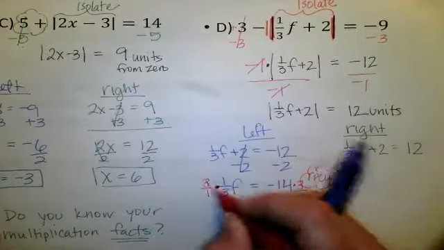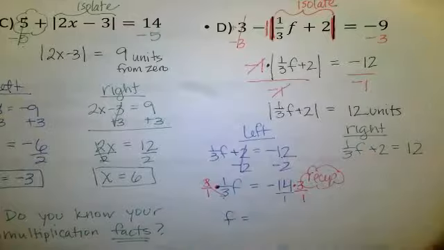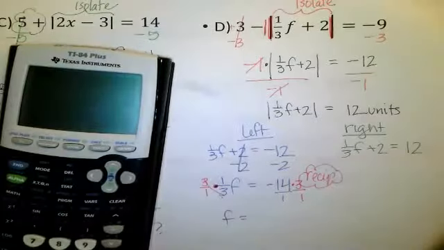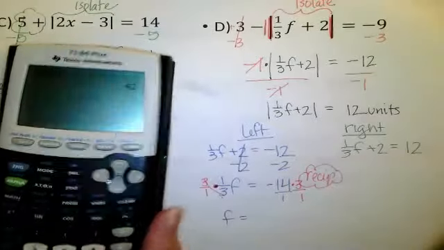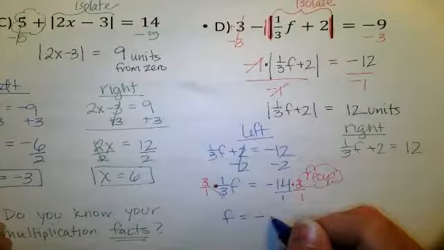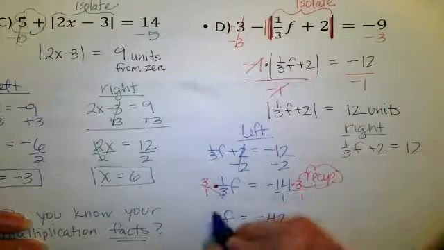That's the easy thing to do. And those cancel out, leaving f. This is straight across. Ooh, 14 times 3. Is that 52? It's bigger than 12. I don't know that. 14 times 3. 42, yeah. Did I say 52? No, it's 42. Negative 42. Negative times positive 3 is negative.